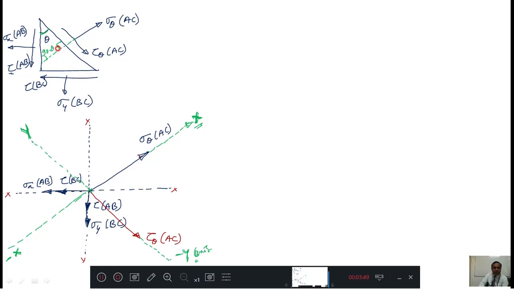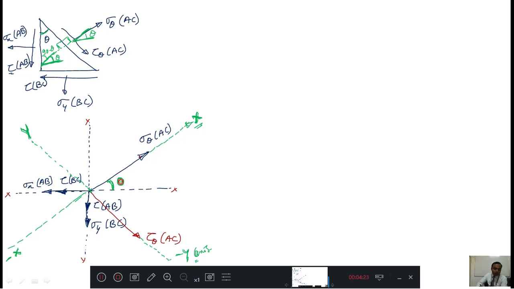When this is 90 minus theta, this is theta, and with respect to this, this is again theta. Any doubts? That is theta.